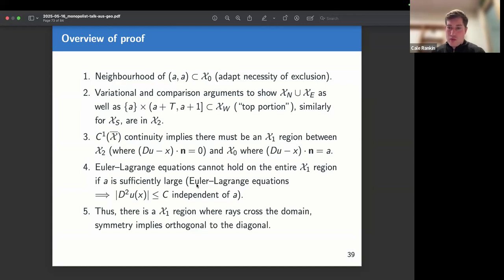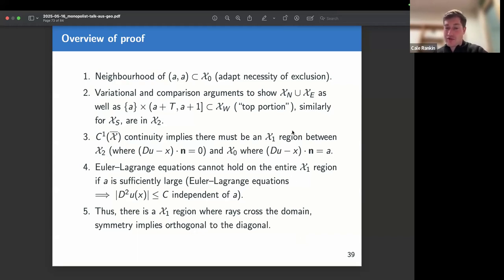Now, we want to consider the configuration of these x1 regions. Because the top part of the domain, what I'm calling the north side, is contained in the strictly convex region, there the boundary condition is satisfied, i.e. du minus x dot n is equal to 0.